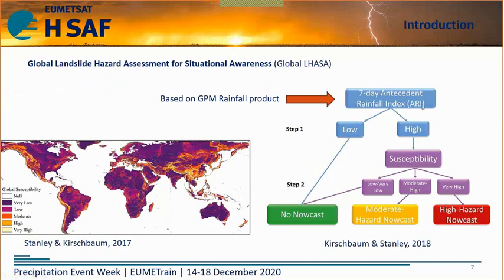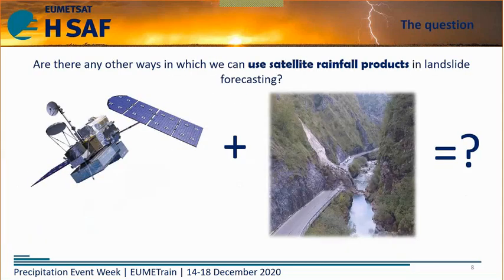According to the value of this index, if it is above or below a certain threshold, the model issues a nowcast according to the degree of susceptibility of the selected pixel. But are there any other ways in which we can use satellite rainfall products for landslide forecasting?